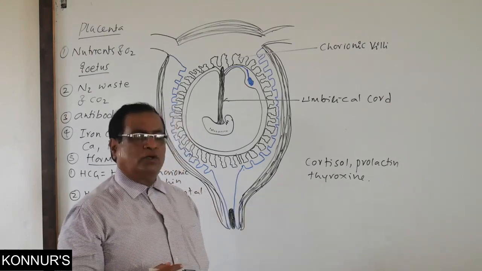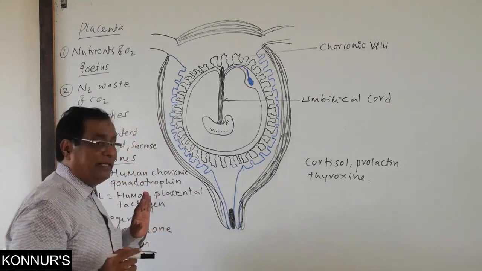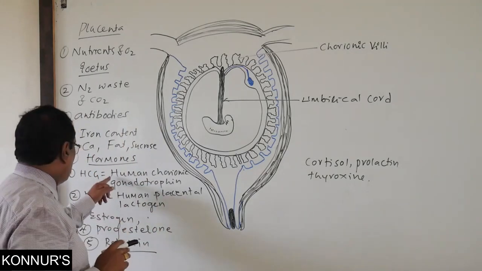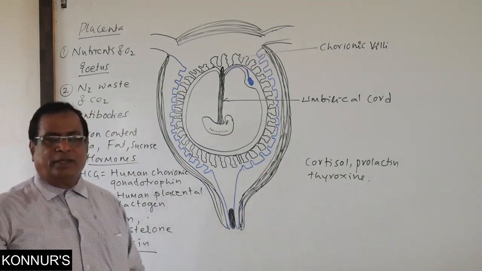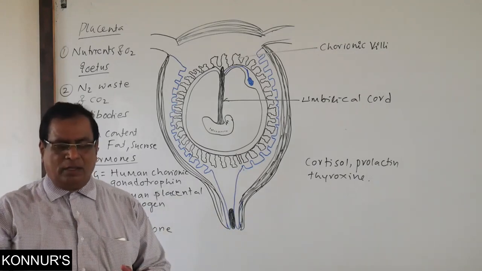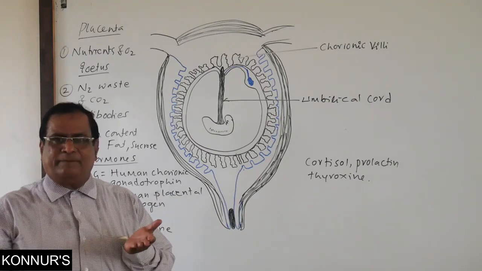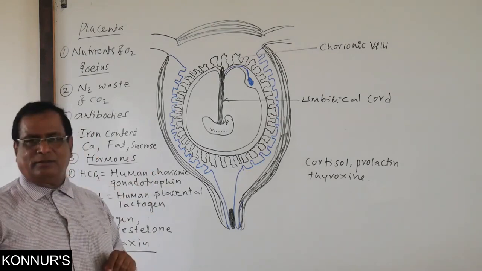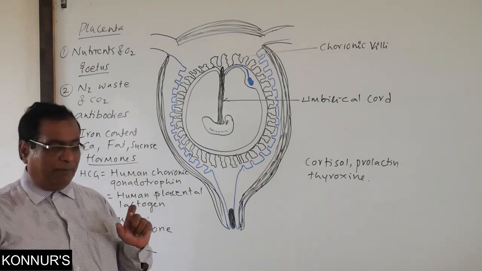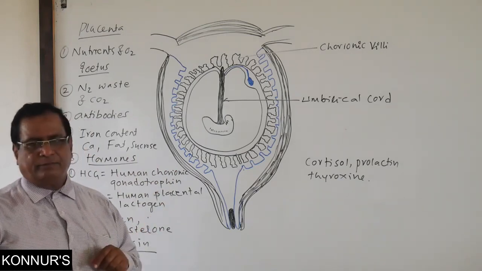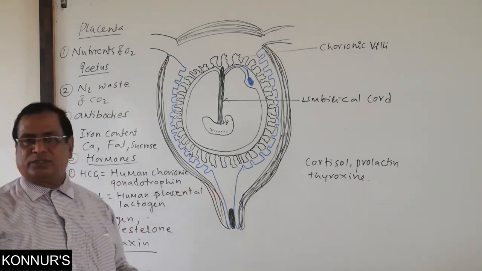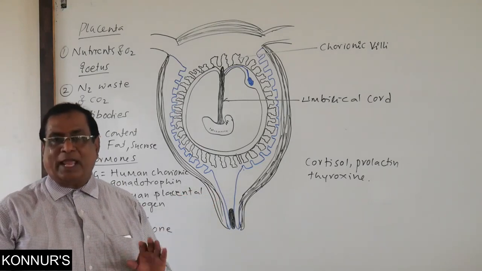All these should be there in the mother's blood in higher concentration along with these. If this hormonal level is maximum in the blood, it helps for fetal growth and also the maintenance of pregnancy. If there is any deficiency in these hormones, that leads to abortion.